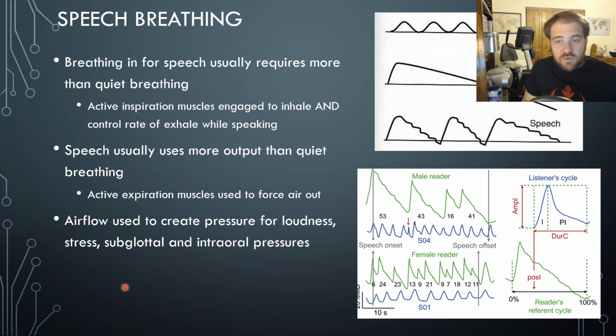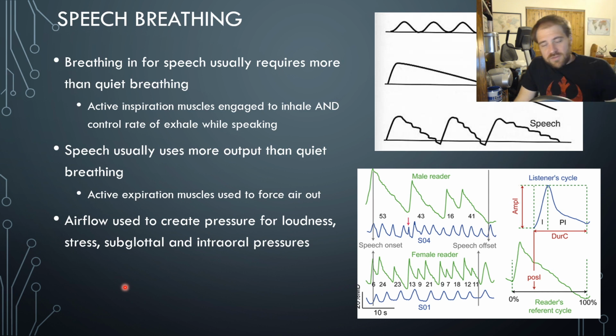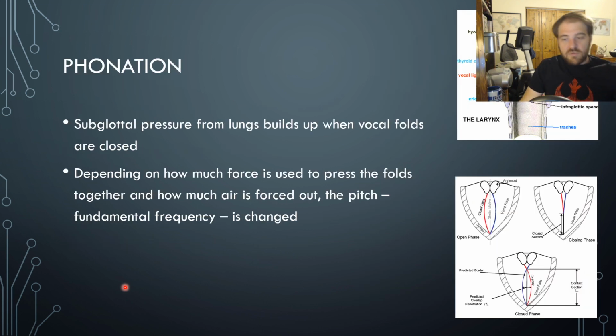That's how it's the power source for speech. So you're taking a breath, vocal folds together, and then you get noise because you're putting the vocal folds together. You wouldn't be able to have the vocal folds vibrate if you didn't have air flowing between them. So breathing is the power source. The actual sound source is the vocal folds, which is where we're going to go next.